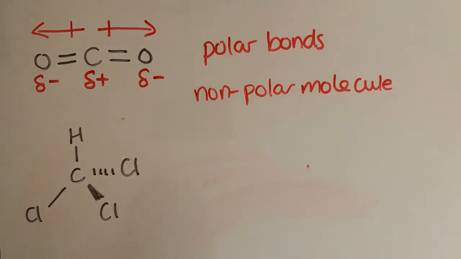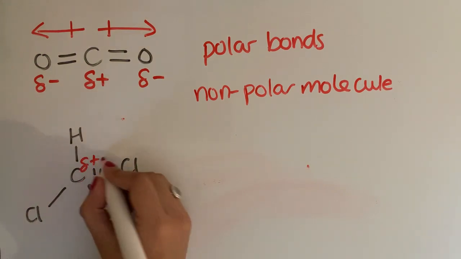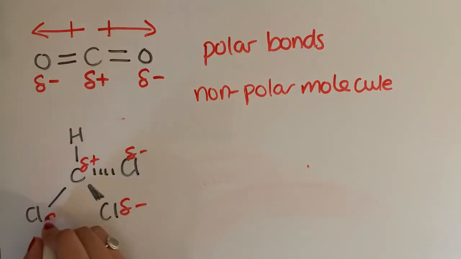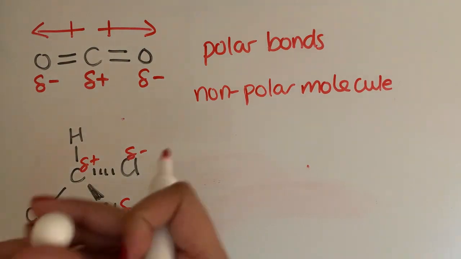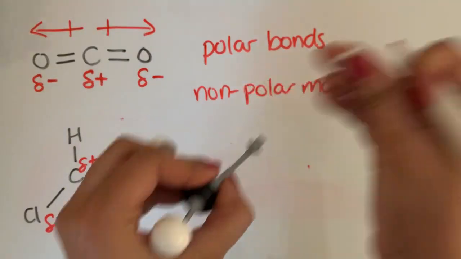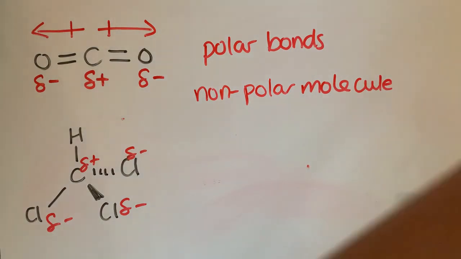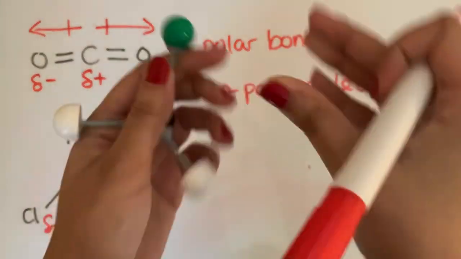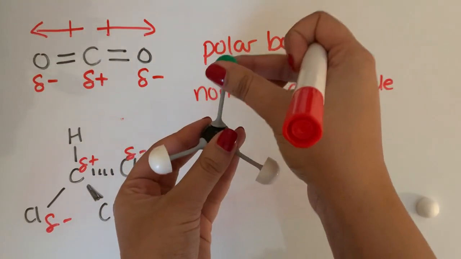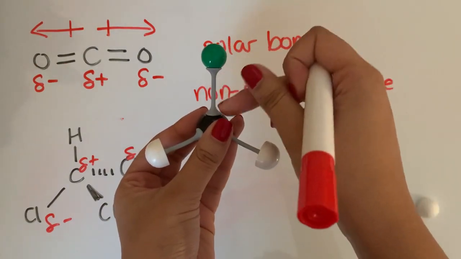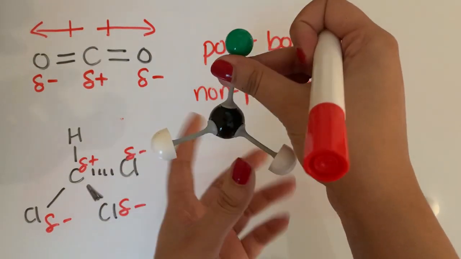So I only have a dipole going across 3 bonds now. Let's imagine that I've just changed one of these to that. So there's nothing pulling on this side. There's no dipole going across this bond, but there is a dipole going across these bonds.